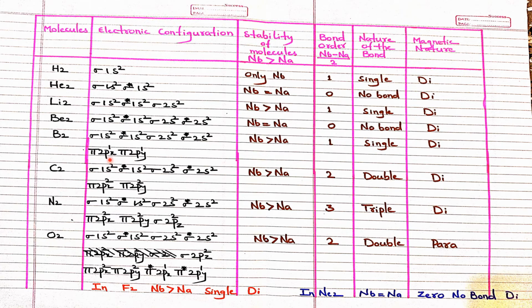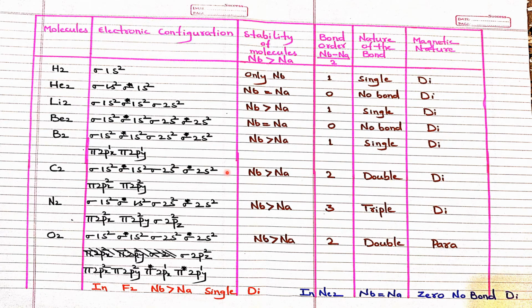Because these two have equal energy, according to Hund's rule, every orbital will take one electron unless place is not available. Because these two have got equal energy, they will not go for the pair up: pi 2px 1 electron and pi 2py 1 electron. That's why I have written here pi 2px 1, pi 2py 1. Now this is actually paramagnetic. Please make it para.